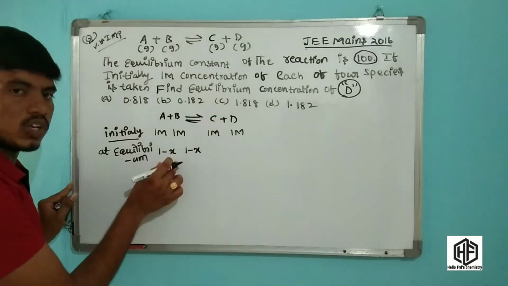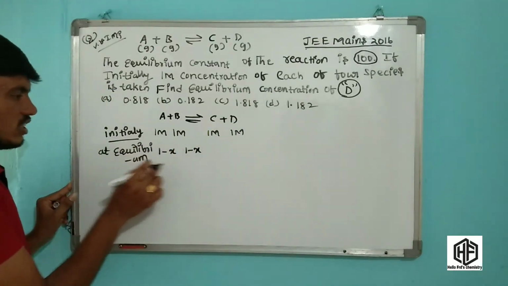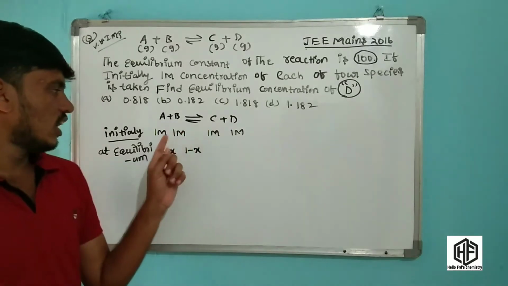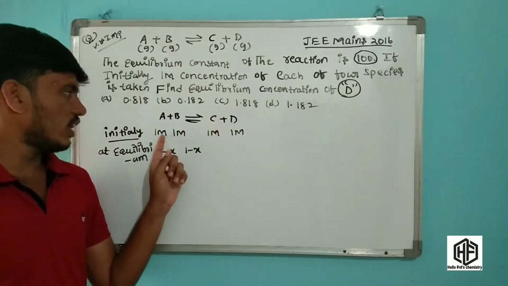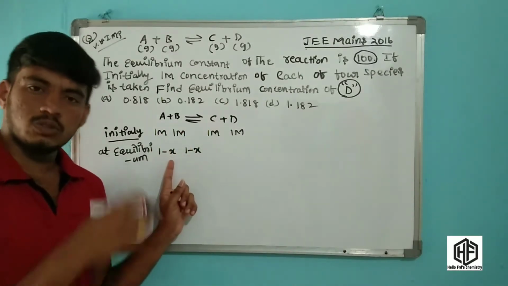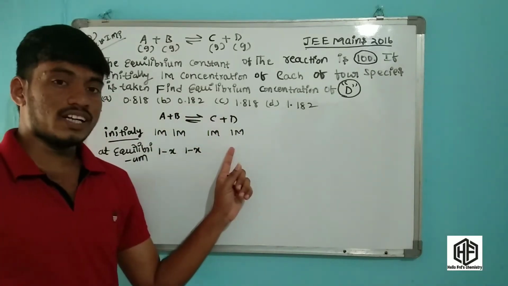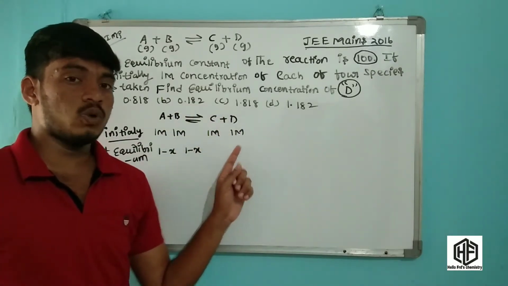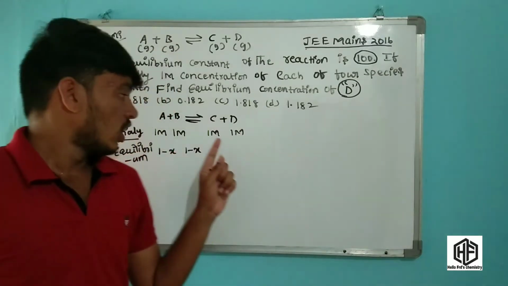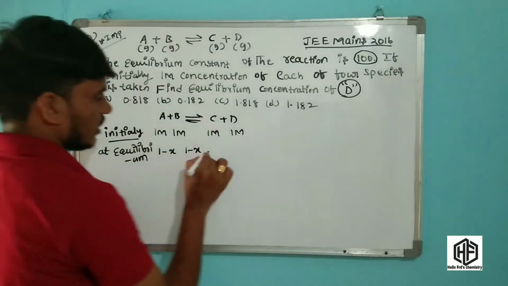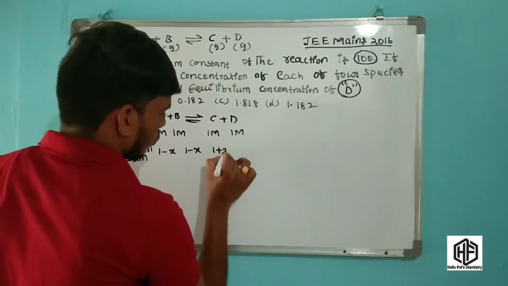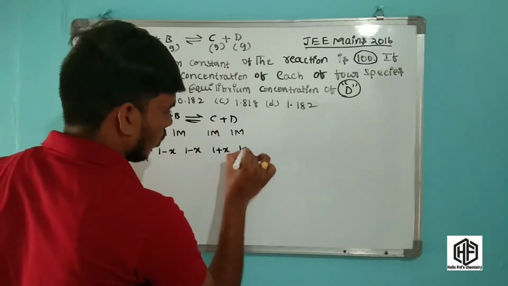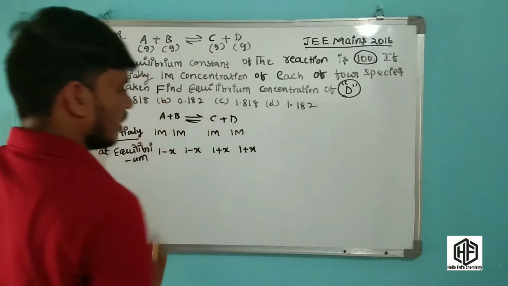This is a very important step. And next one is 1 molar initially, and at equilibrium x moles of products are formed. Now 1 plus x is present in the products. This is 1 plus x, this is also 1 plus x. This is the important step.